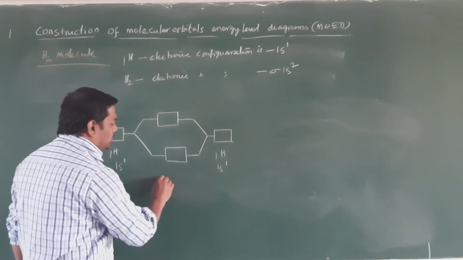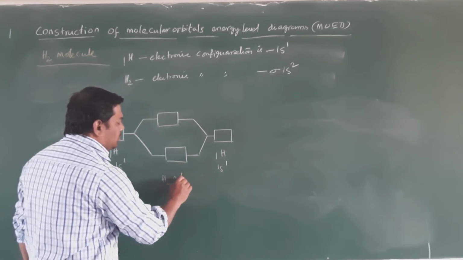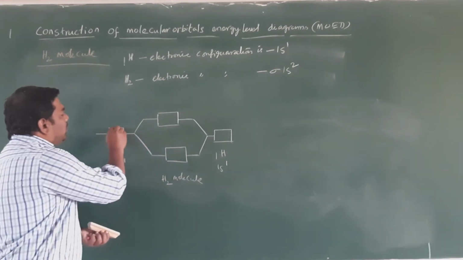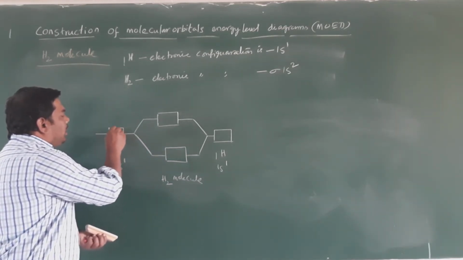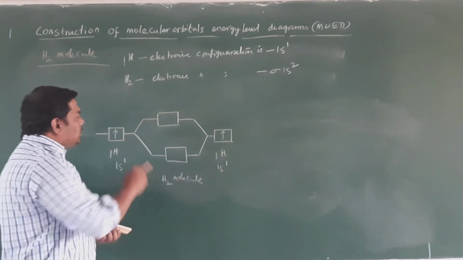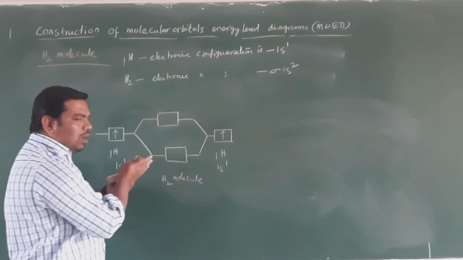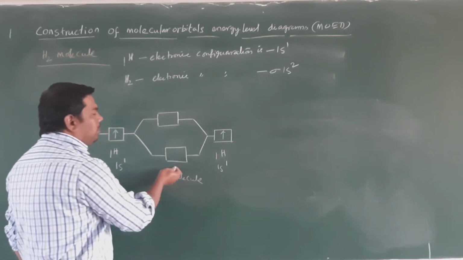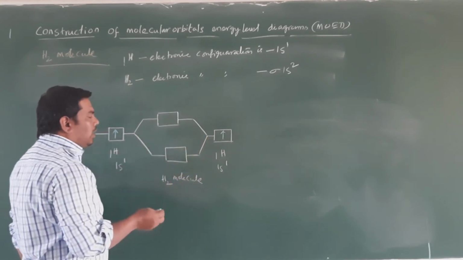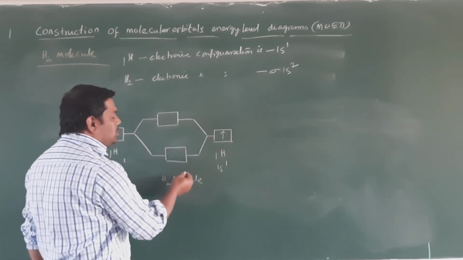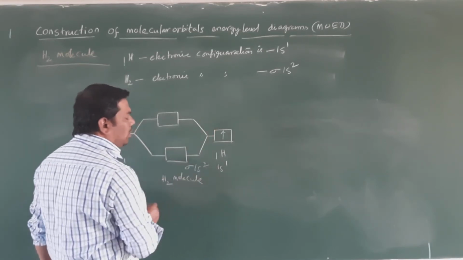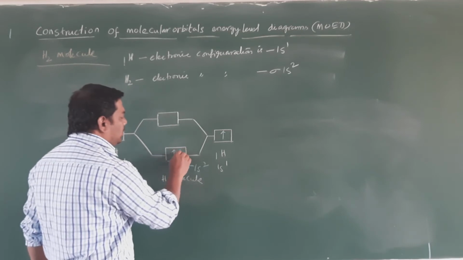This is the H2 molecule. Each hydrogen atom has a 1s electron, and these two atomic orbitals combine or overlap to give the molecular orbital. So here we have 2 electrons, and these 2 electrons first fill the lowest energy level, that is sigma 1s2.